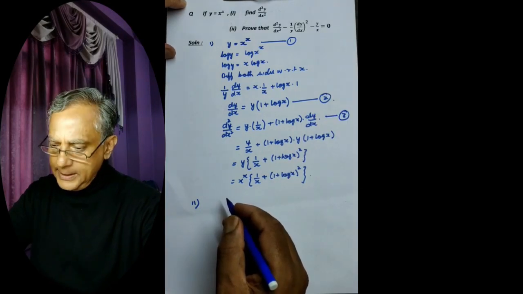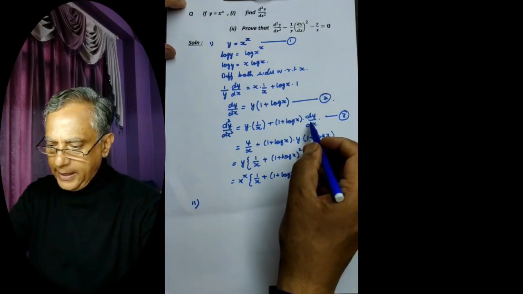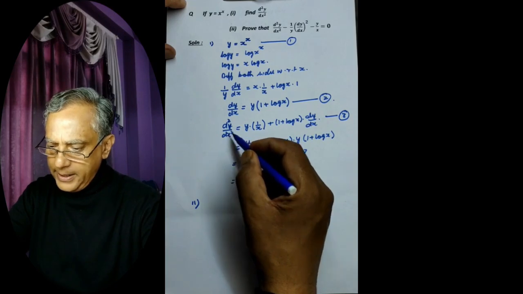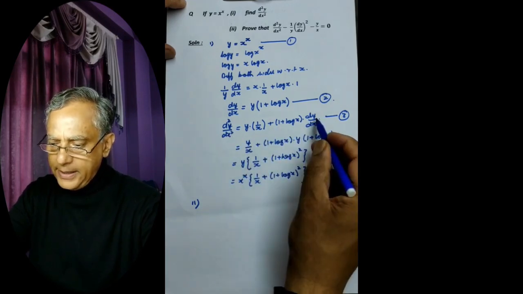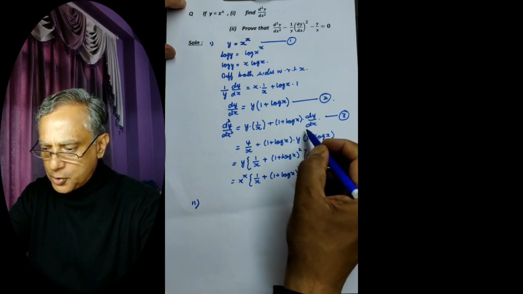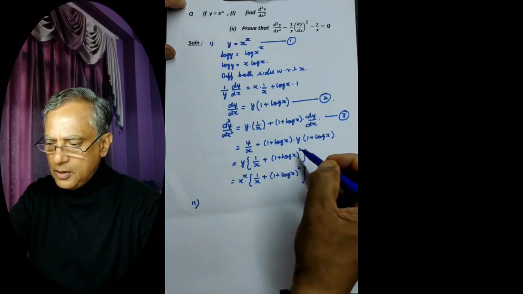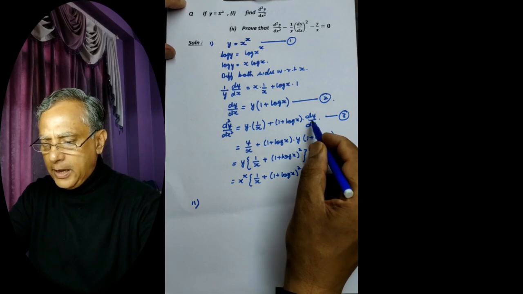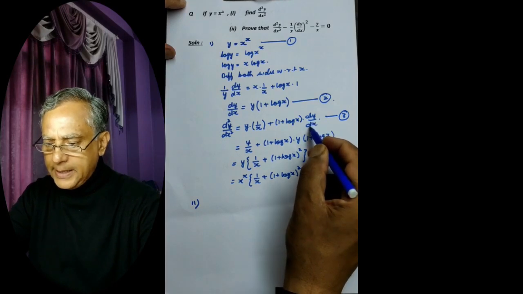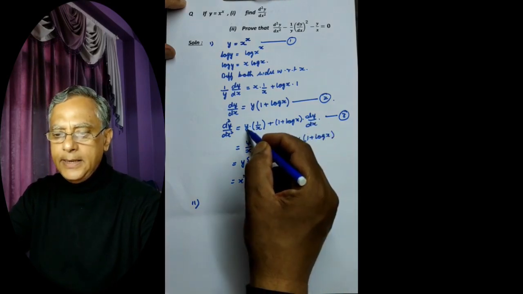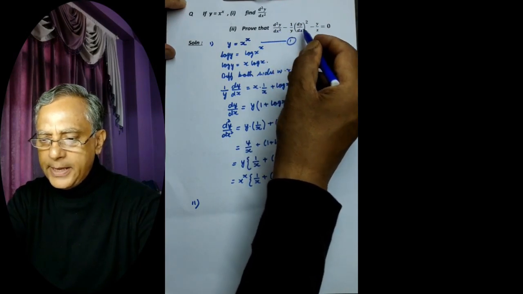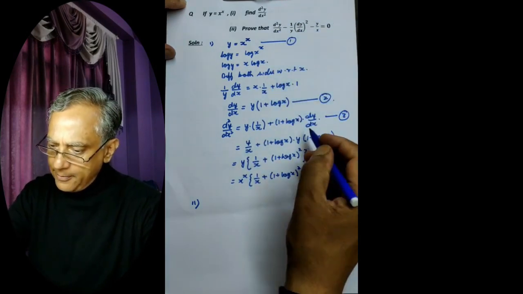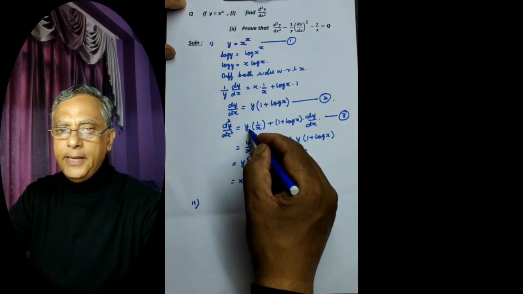So what we do is, we take the question in the form d2y by dx square is this much, which involves y and dy by dx. We do not substitute this in terms of its function. We keep dy by dx as it is and y as it is, because we want a relation between d2y by dx square, dy by dx and y. So let them remain as they are.